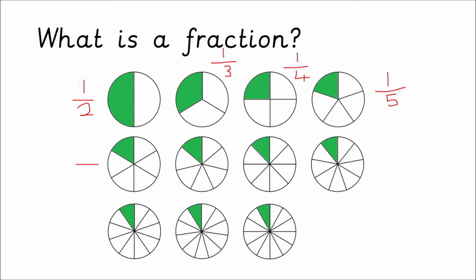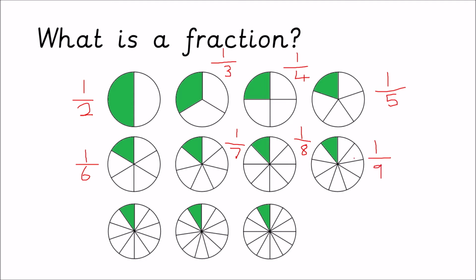So here out of 6, 1 out of 6, 1/6. Here out of 7, 1 out of 7, 1/7. Here 1 piece is shaded out of 8 pieces, 1 out of 8, 1/8. Here we have 1/9 because we've divided our shape into 9 equal pieces.